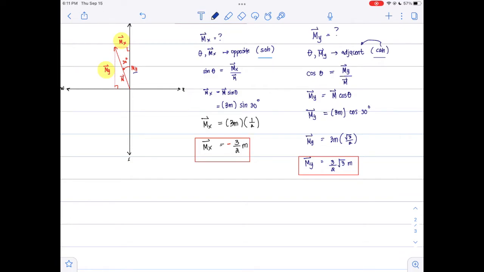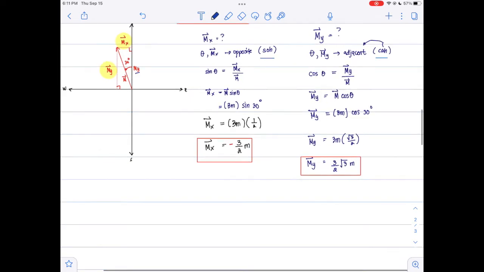But you fail to take into account that your 30 is actually situated in quadrant 2, which has a negative sign for x. So it should really be negative. Okay, that is the difference.